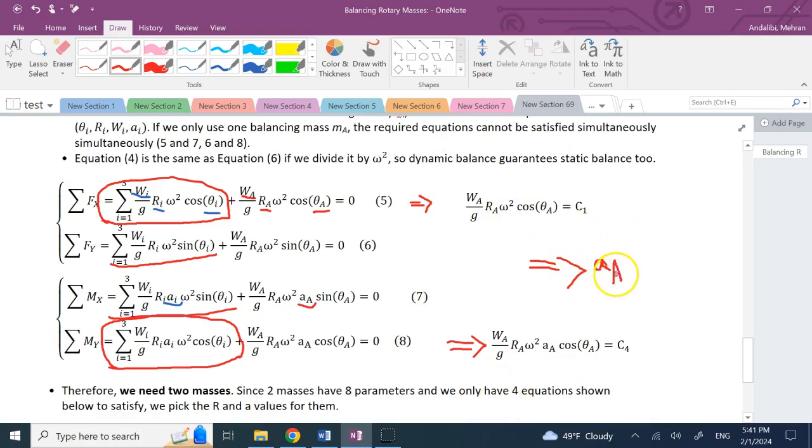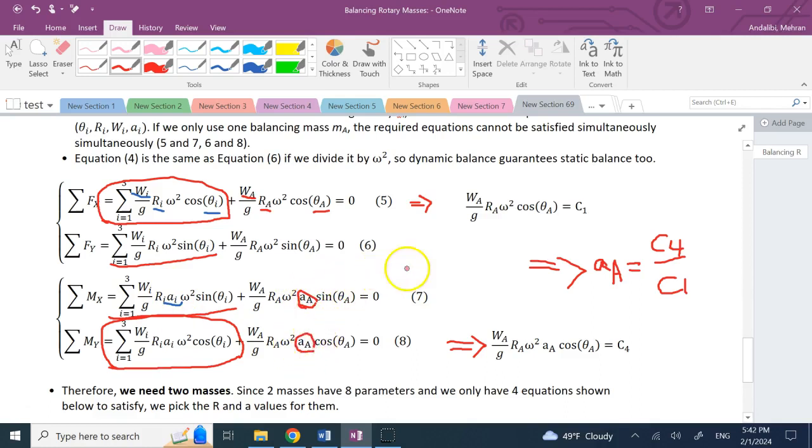AA is the only thing that stays, and so it is going to be C4 over C1. So from here, I can get AA. That's what I get for AA. Fine. Let's move on. So I got AA covered. This one is good.